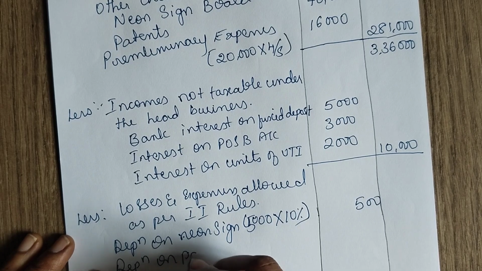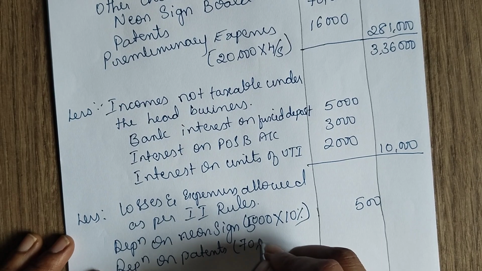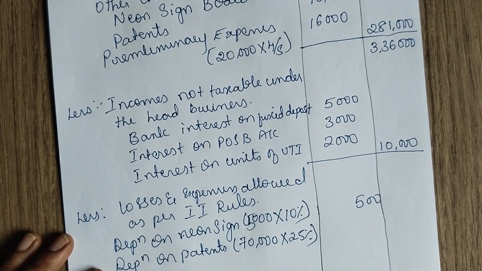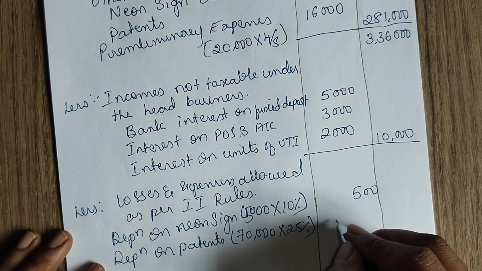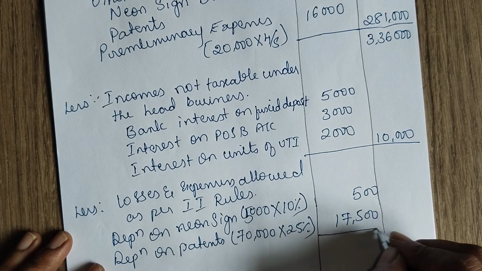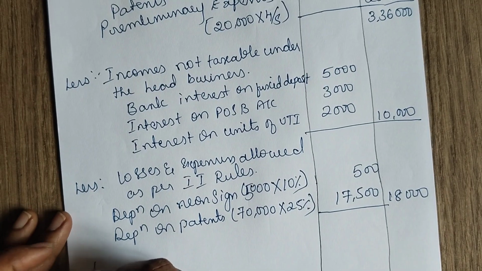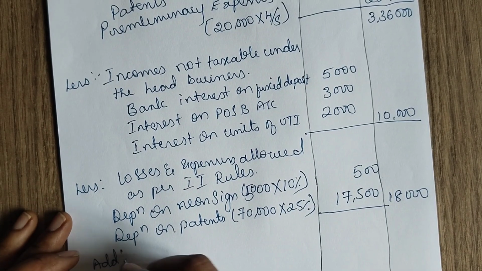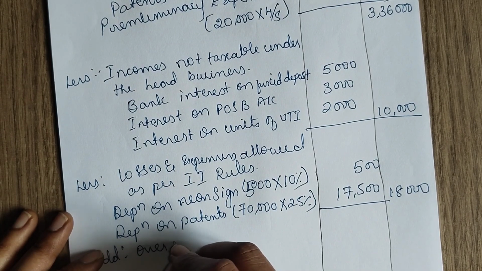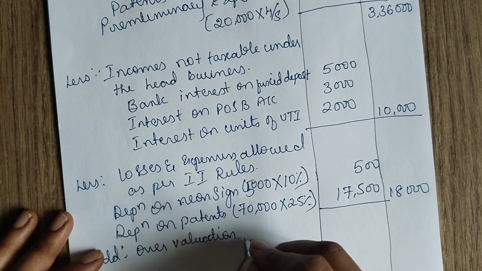Then depreciation on patent, its percentage is 25%. 70,000 at 25%, 17,500, 18,000. Then we have to add overvaluation of opening stock.